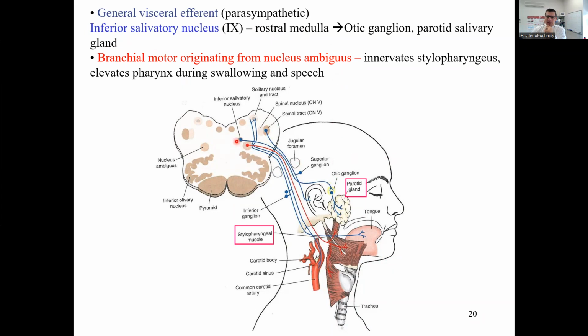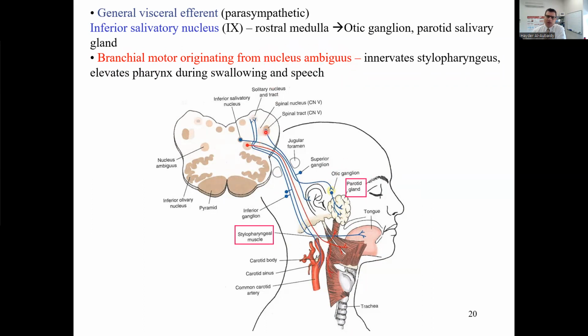But the glossopharyngeal nerve will eventually provide parasympathetic function to the parotid gland through what is called the otic ganglion. So please make a note of the relaying nucleus and ganglion for innervation of the parotid, submandibular and sublingual salivary glands. It also provides branchial, or special visceral, motor function, which originates from another nucleus here in the medulla.